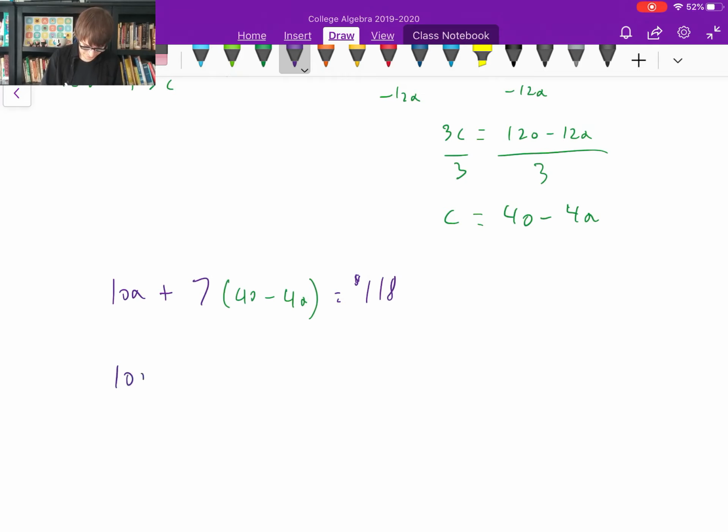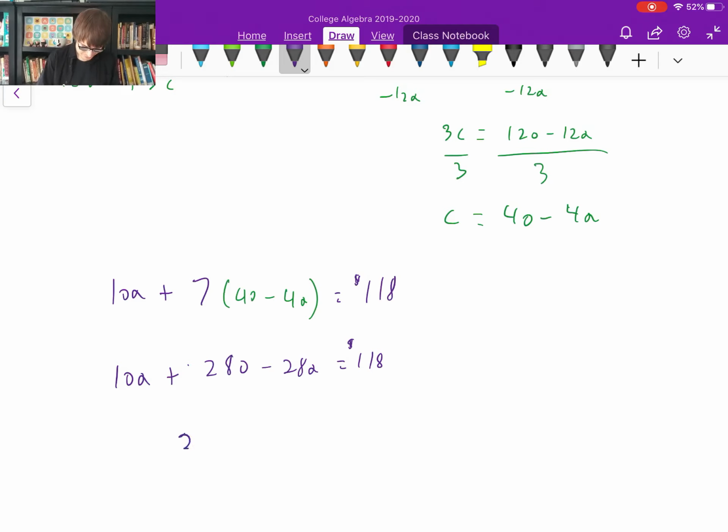So we have 10A plus 7 times 40. 7 times 40 is 280, minus 28A equals $118. Let's see, 10A minus 28A would be negative 18A.